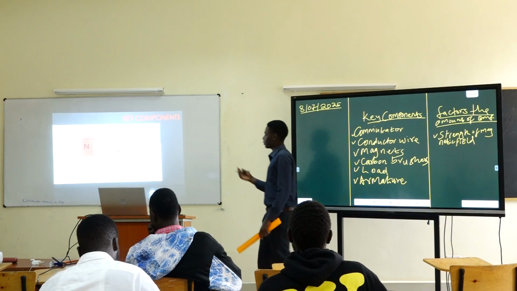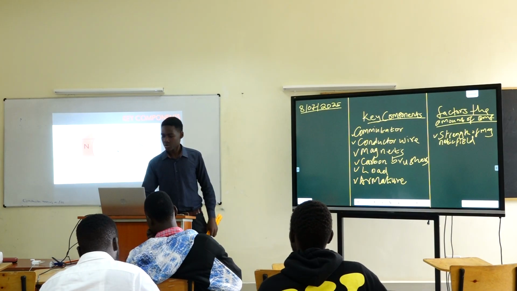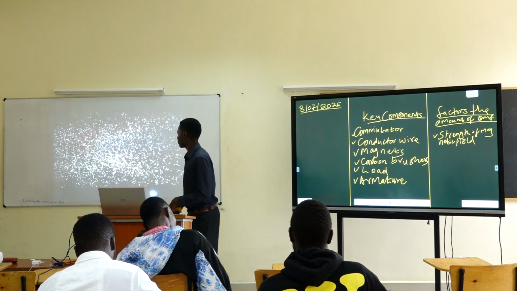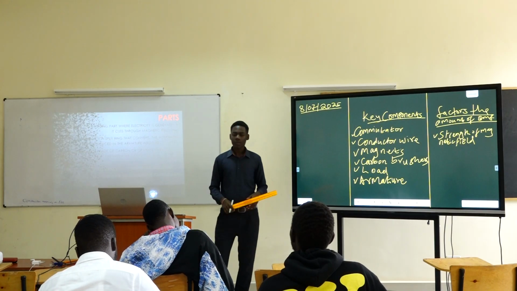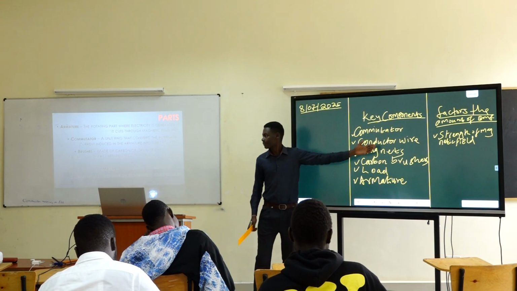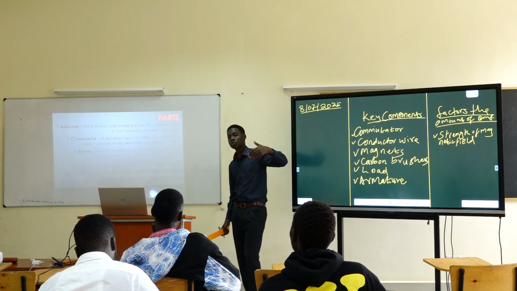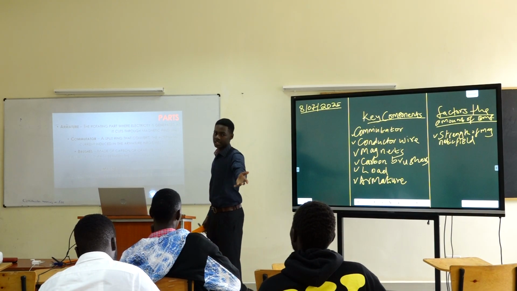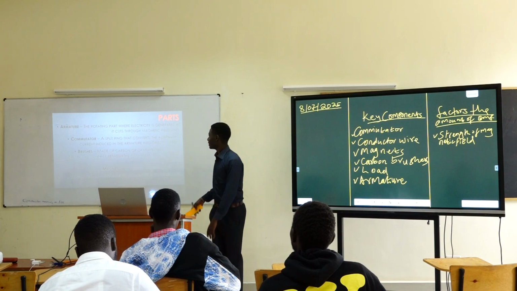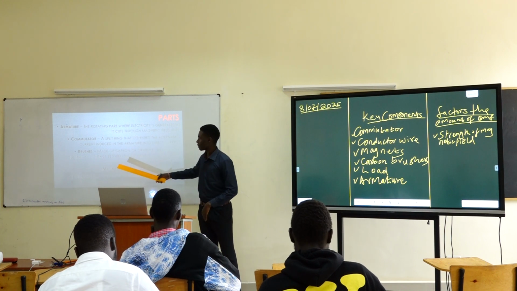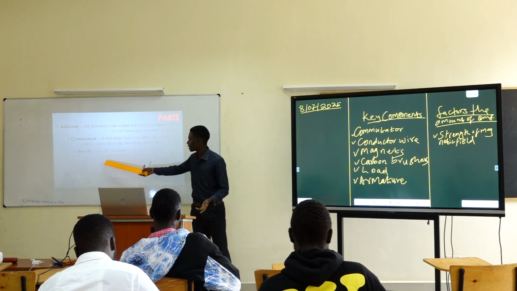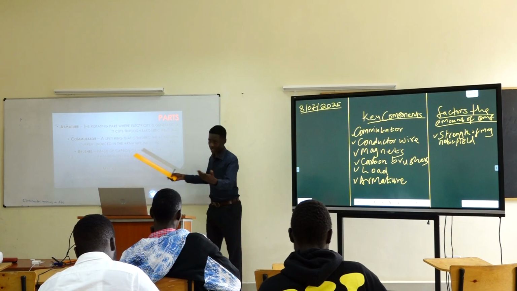Now briefly let us look at the functions of those parts. The commutator is used to rectify the alternating current into DC current. The carbon brushes are made of carbon or graphite.